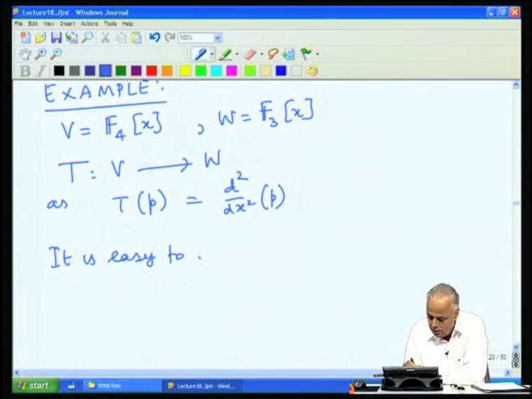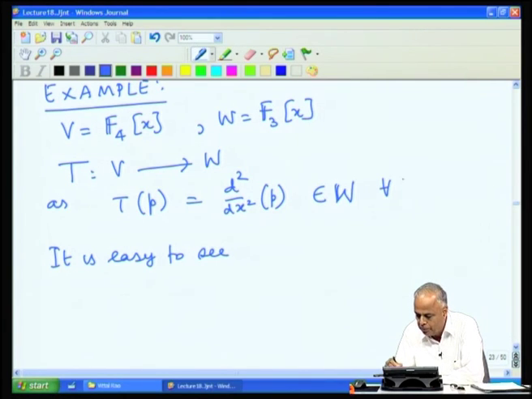Now, first of all, you see that if you take a polynomial of degree less than or equal to 4 and you differentiate it twice, it will be a polynomial of degree less than or equal to 2, and since W contains all polynomials of degree less than or equal to 3, all this will belong to W for every p in F4[x].